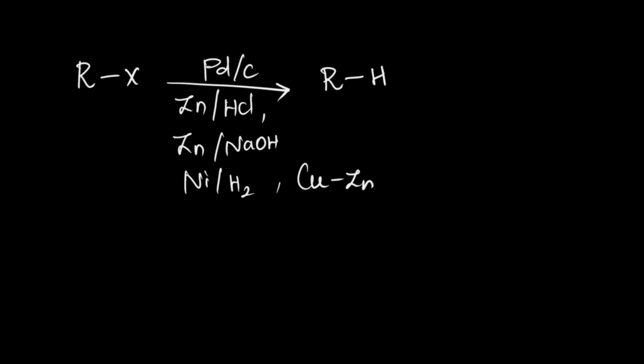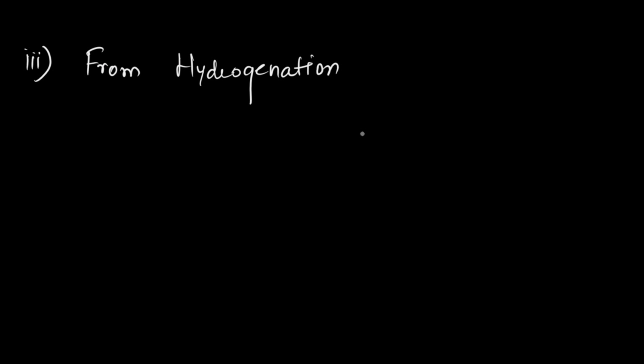Okay. Then the third preparation of alkanes involves hydrogenation. What is hydrogenation? Addition of hydrogens. So you can add hydrogens to alkene or alkyne.